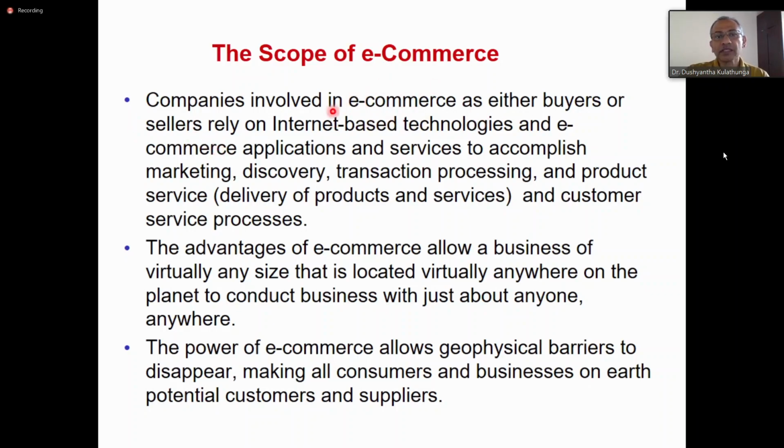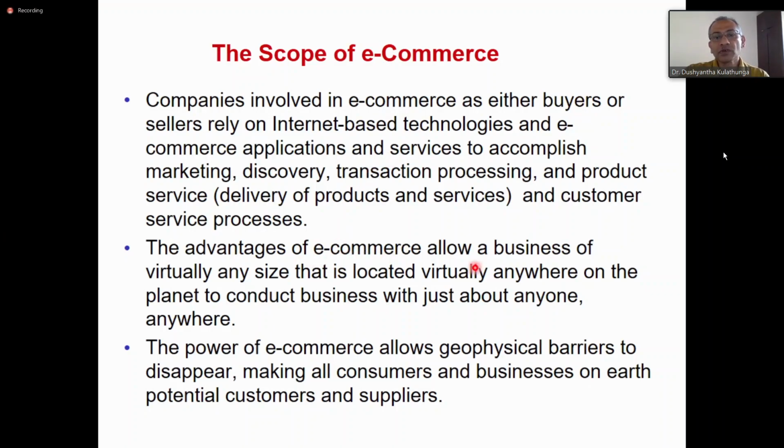So whatever the role played by an organization, the processes may be related to the discovery of the particular products or services, or finding the relevant products or services, then the transaction processing, and also the delivery of the particular products and services, and also providing the necessary customer service. So therefore, there can be a number of different types of processes involved in e-commerce transactions when that is performed as a buyer or seller.